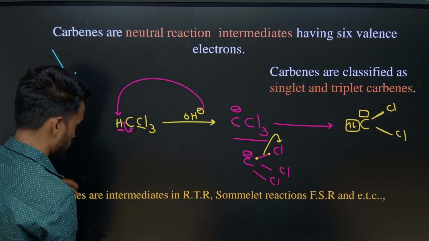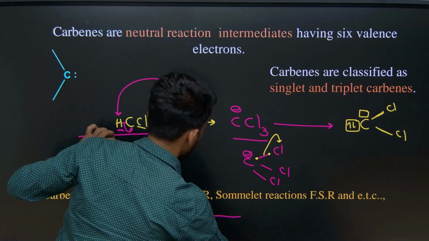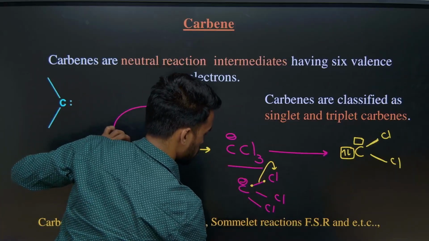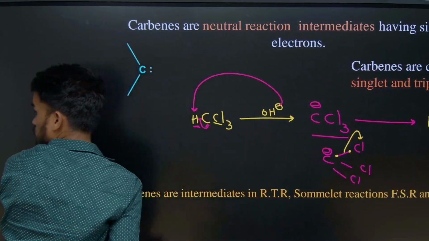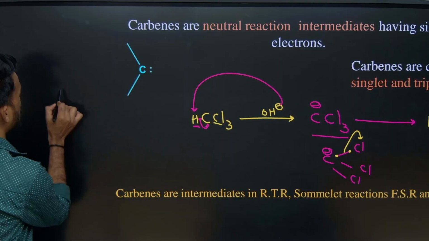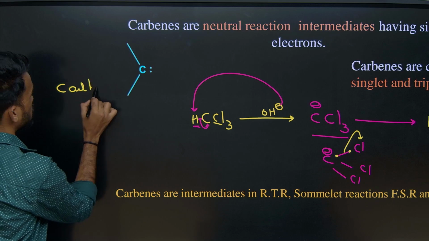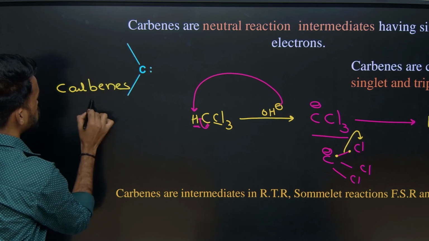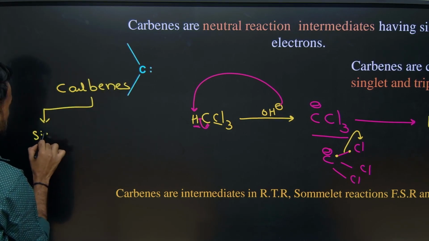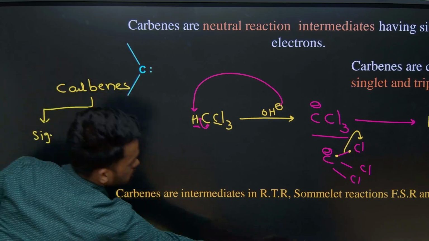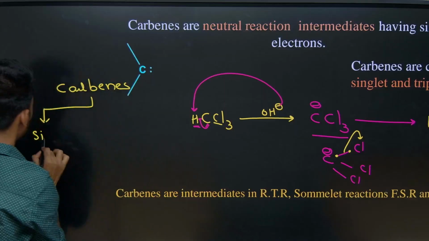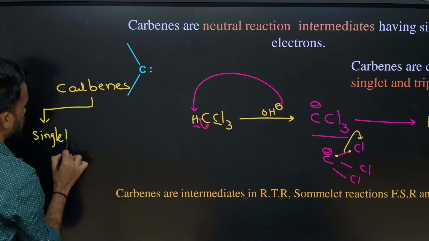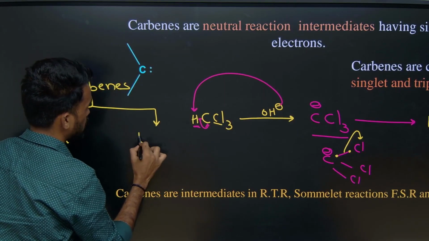I just wanted to explain the carbenes here. Carbenes are of 2 types: one is singlet carbene and the other is triplet carbene.